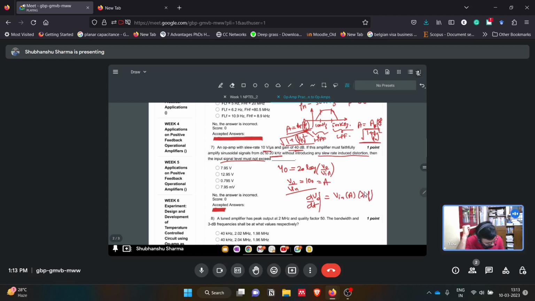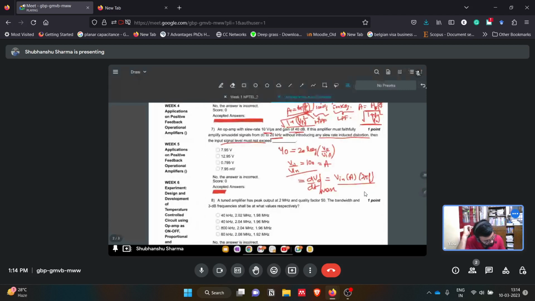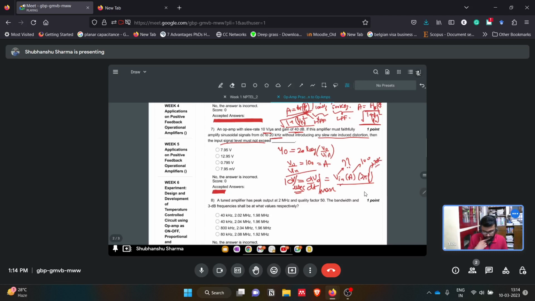This is the maximum rate of this op amp which we can achieve, and it is equal to the slew rate, given as 10 volt per microsecond. V in we don't know, A we know is 100, maximum frequency we know is 20k, so we can get V in from here.